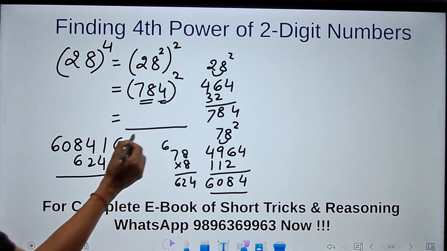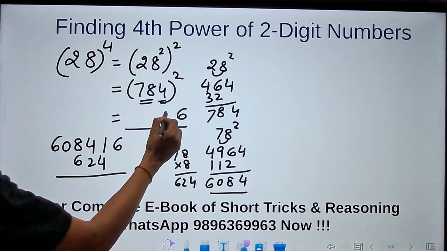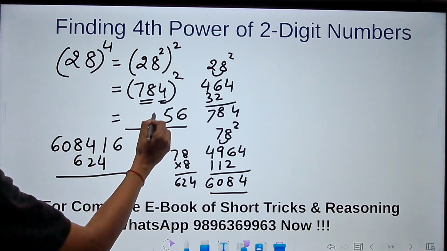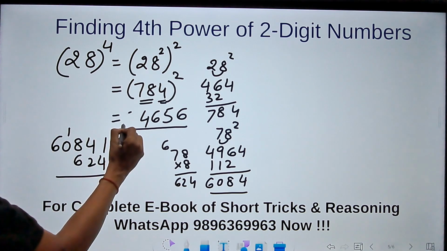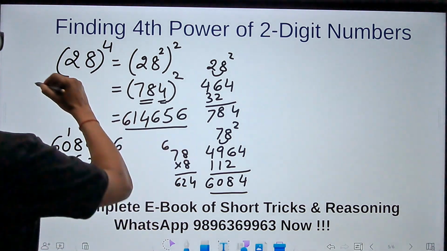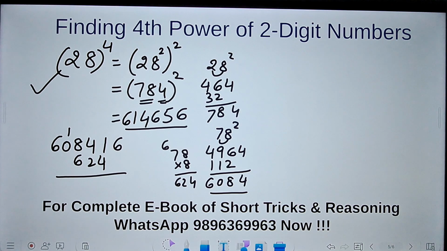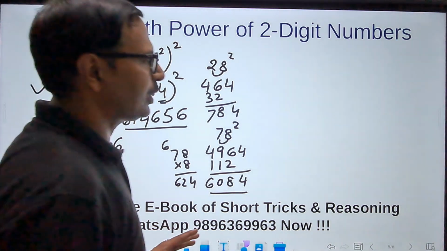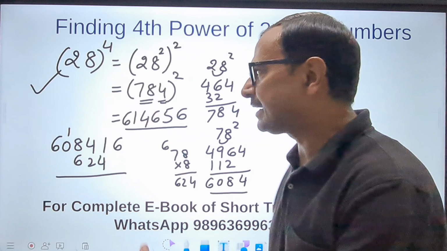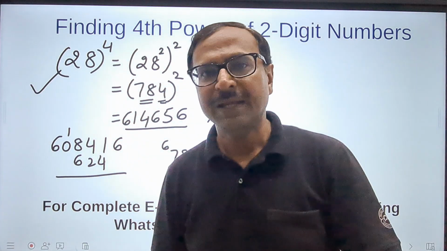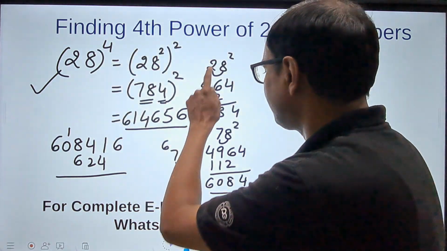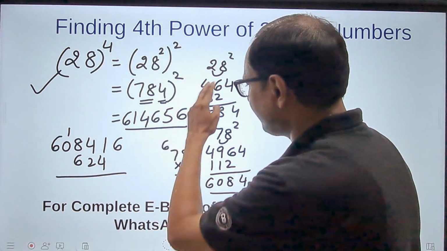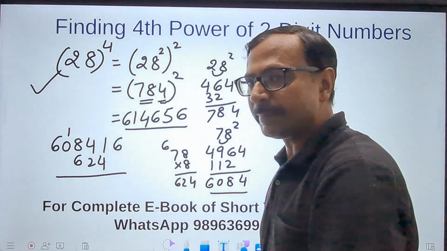So what is the final answer? 6, then 5, then 6, then 8 plus 6 14, 4 1 carry, means 61, right? So 614656 is the fourth power of 28, and I'm sure the method is crystal clear by now, and you have seen that the speed reduces so much when you start practicing. I have done 3 different squares in this, and I got my answer.